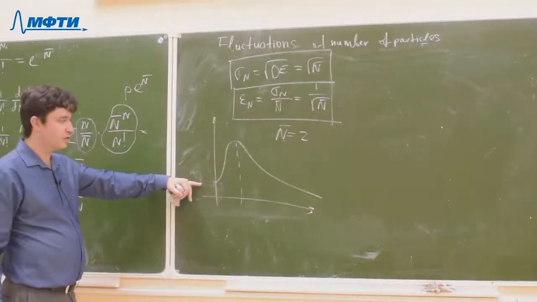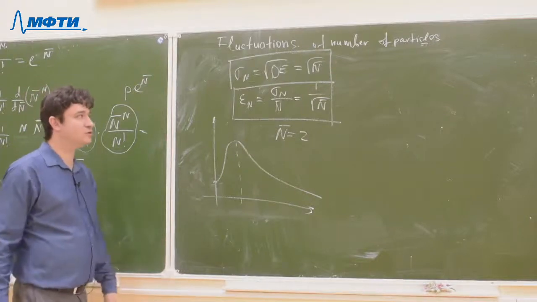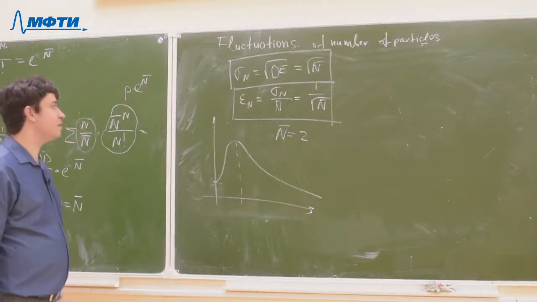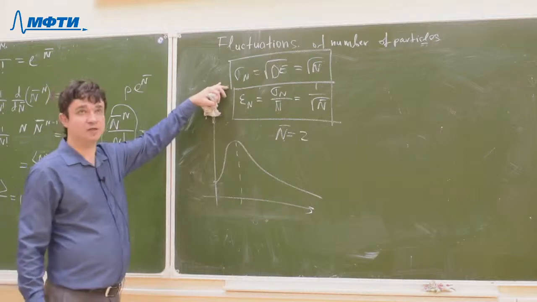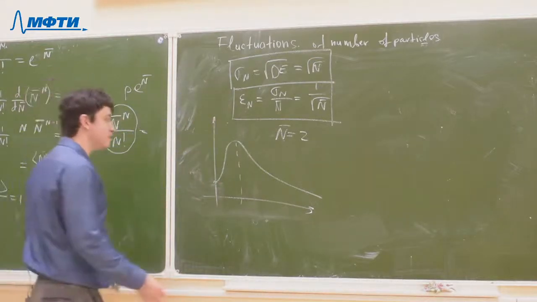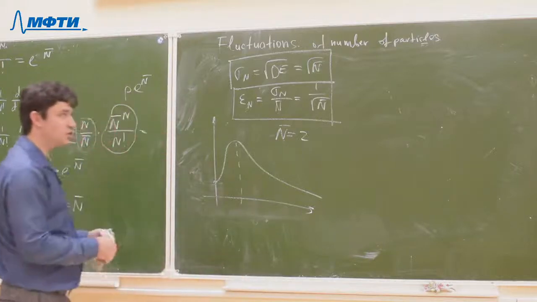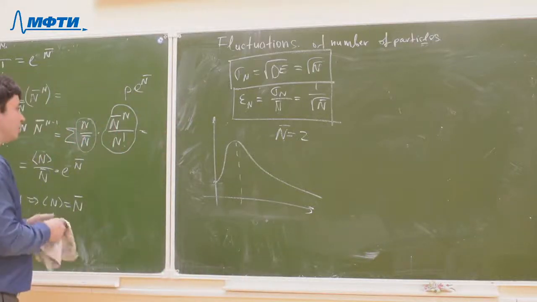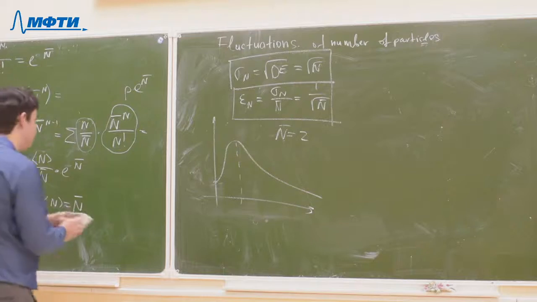That's why this distribution is always asymmetric. But nevertheless, it has this important property, that the standard deviation is equal to its average. Okay, let's continue.